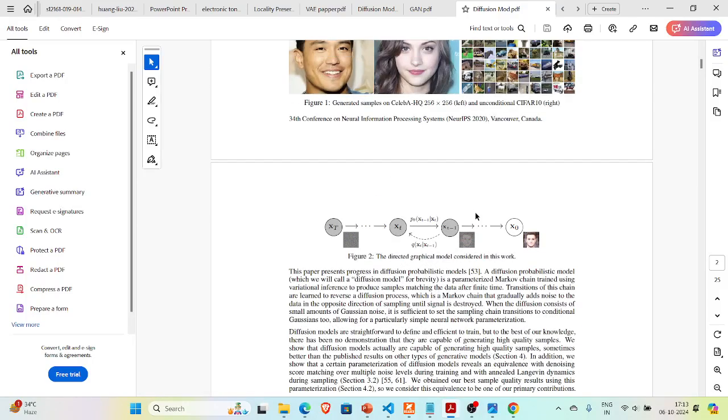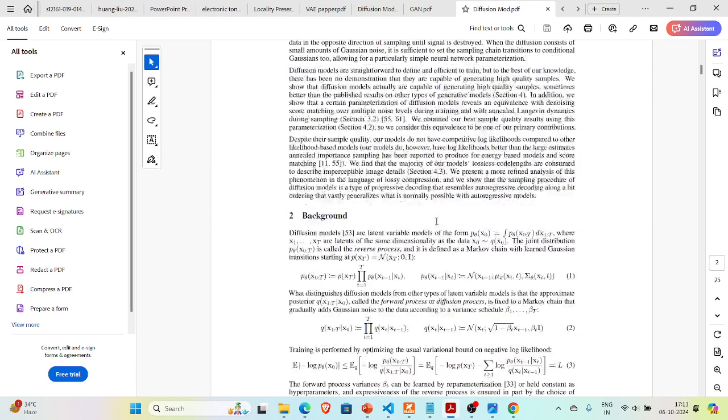So in diffusion, what happens is that in the forward process we are repeatedly adding noise. Let's continue.